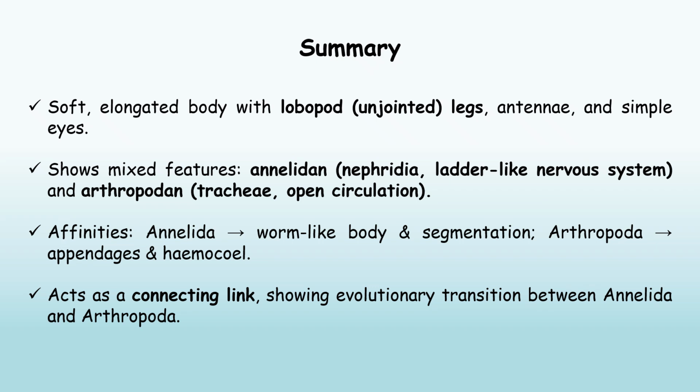On the other hand, with phylum Arthropoda, it has a tracheal system and an open type of circulatory system. That is how they share the features of both phyla, which is why it acts as a connecting link and shows the evolutionary transition between Annelida and Arthropoda.